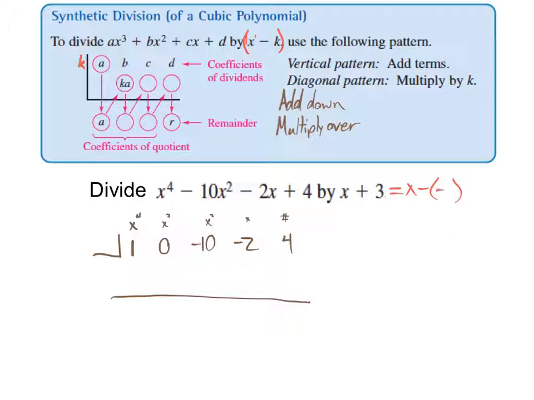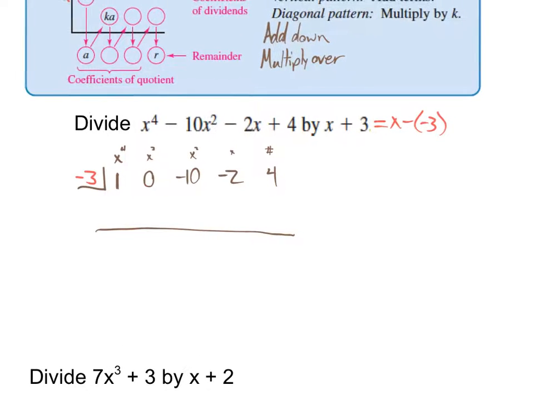Again, a very, very common mistake students make. It's usually not the process that students make mistakes with. It's usually something like this. So k is a negative 3. And now that we have this set up, the procedure here is pretty simple.